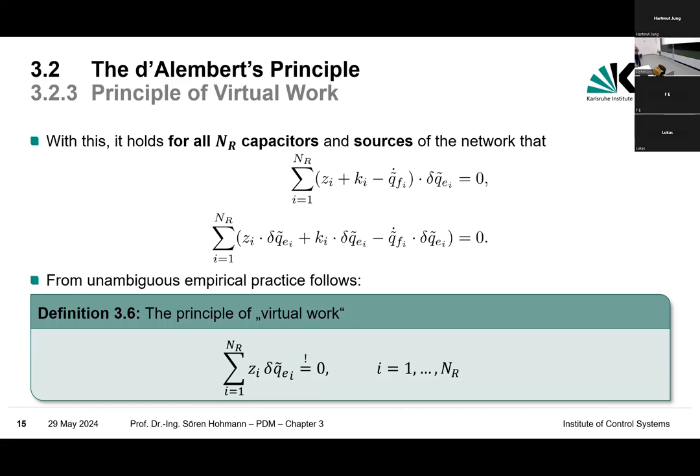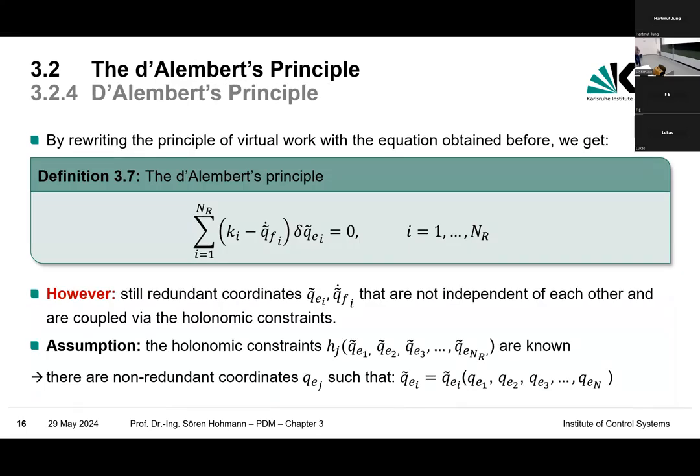If we make this a function, then we end up with the following thing. That is very nice. A so-called D'Alembert's principle. It says if we sum up the external flows minus the Q̃_i dot times delta Q̃_i is equal to 0. That's it, and we are fine.